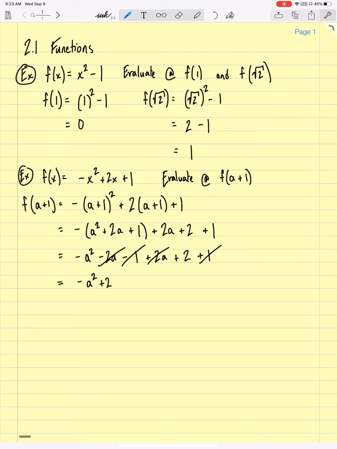Another type of evaluation would be to evaluate a piecewise function. Piecewise functions are what they sound like, a function in pieces. So the function will spit out 37 if x is greater than or equal to 0, and 40 minus x squared if x is less than 0.